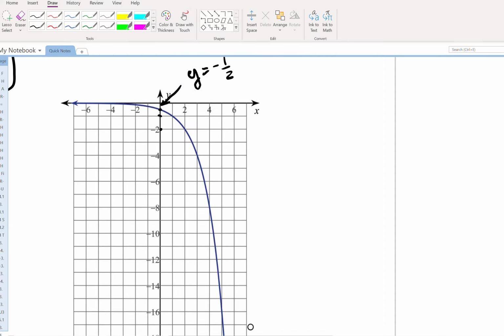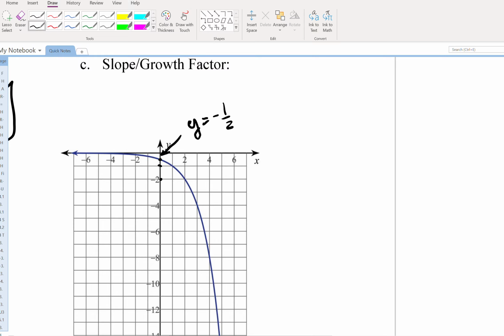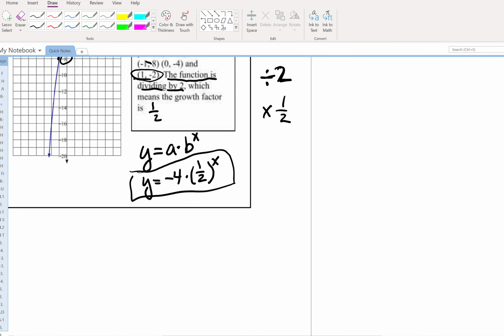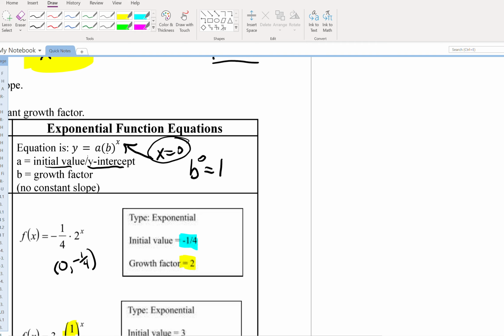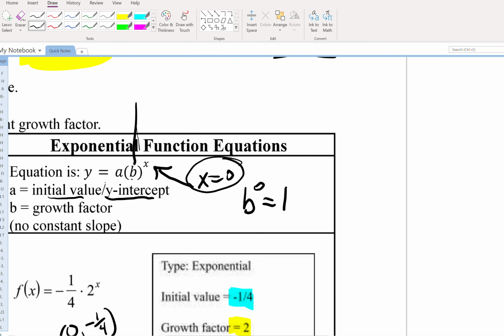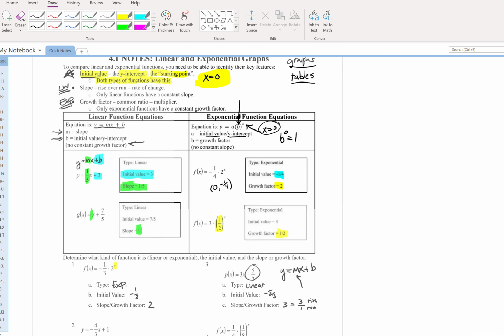And what do I do to go from negative 1/2 to negative 1? So one way that you can do this is say, well, negative 1/2 times some number, we can just call it b, since that's what we've been using right here. Since we're using b here, let's just decide what's b.